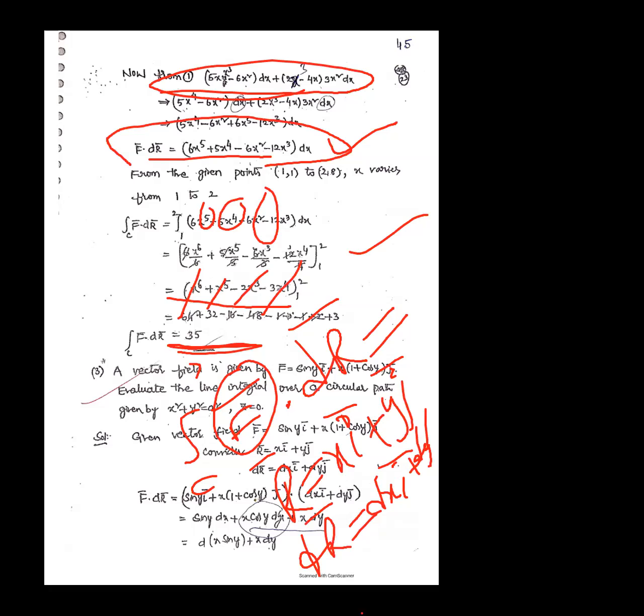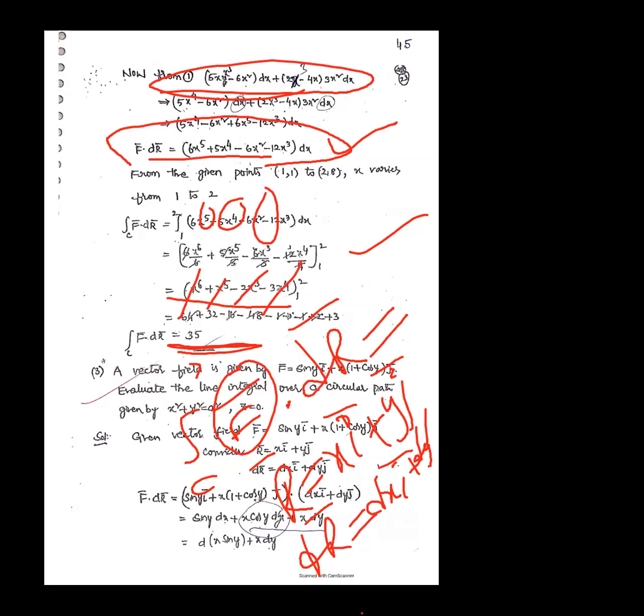So we convert x into y or y into x. In this problem statement we are given y equal to x cube. Using y equal to x cube and applying the derivative, dy equals 3x square dx, we substitute both values in F bar dot dr bar. After substitution, F bar dot dr bar is completely converted to single variable x terms.